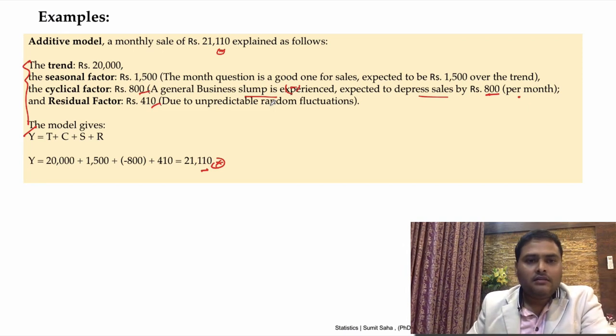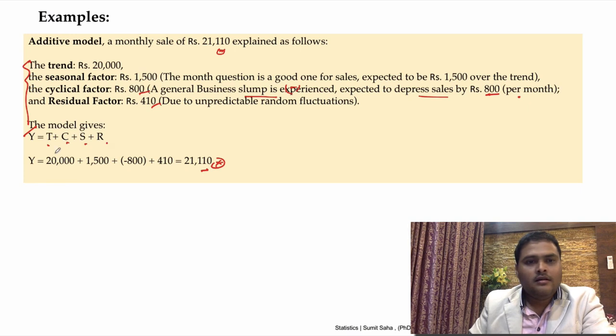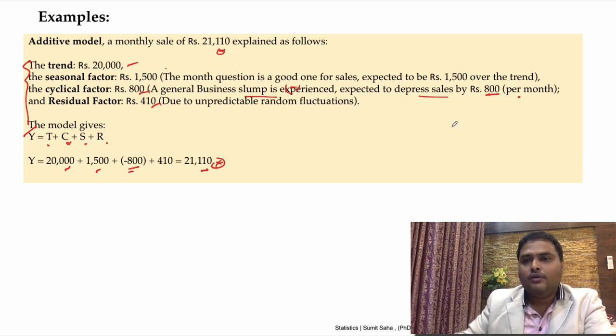So this data is given and we are using the additive model. As per the additive model, it is T plus C plus S plus R, correct? T is the trend, which is 20,000 rupees. The seasonal factor is given as 1500 rupees, which you have added. Then we are adding 800 rupees, but this is negative, minus 800, because it is going to depress sales, meaning loss in sales.